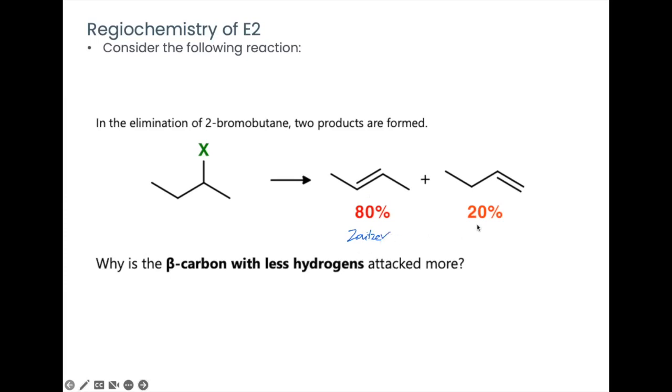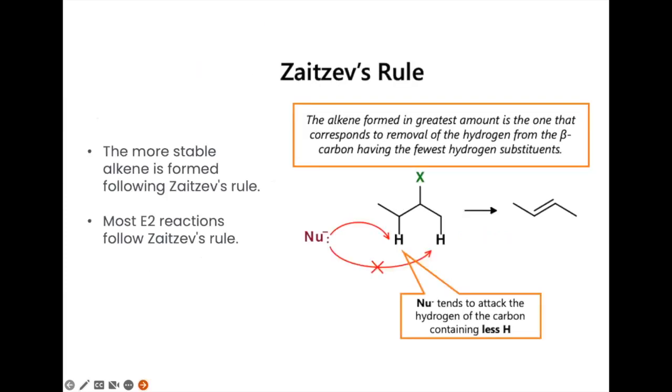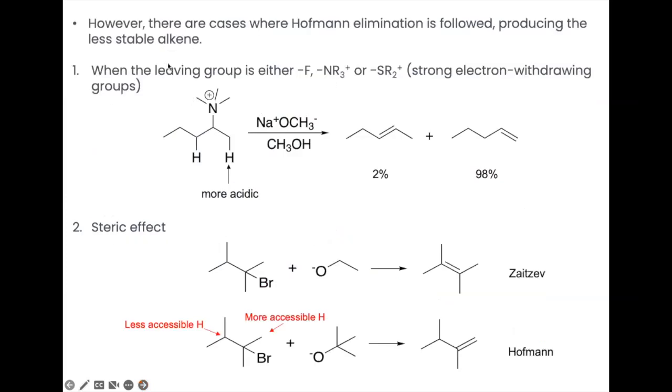Okay. And this will be the Hofmann elimination product. So majority, again, typically, it will follow the Zaitsev rule, but there are cases wherein you can have Hofmann elimination. Okay, so what are those cases? That is what we will look at.